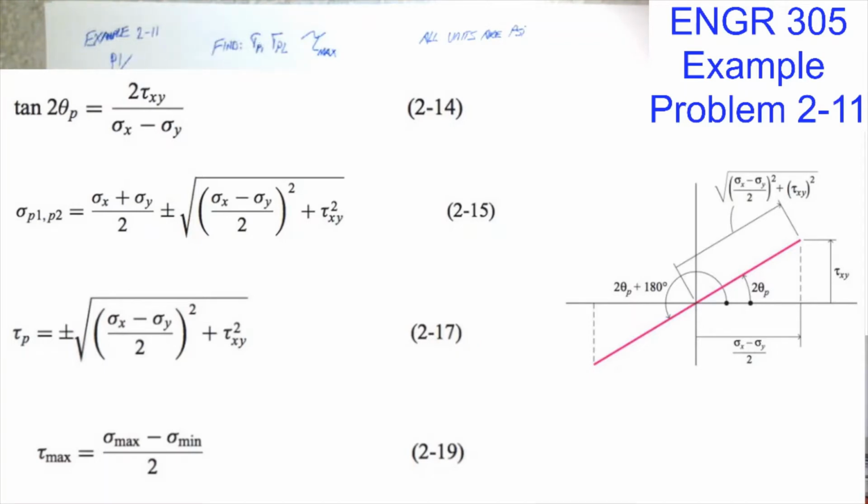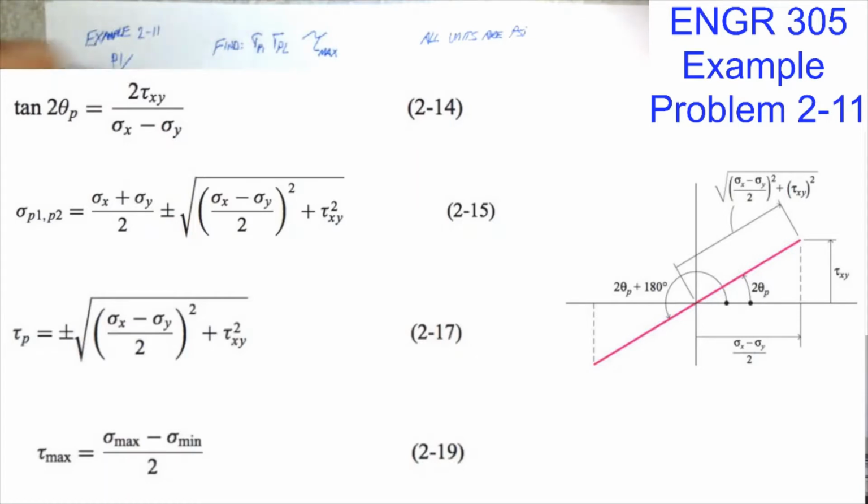So that equation is the principal stresses, there's a maximum and a minimum, are equal to the average of the normal stresses, and then plus or minus an amount, which is the square root of the difference in the normal stresses divided by 2 squared.